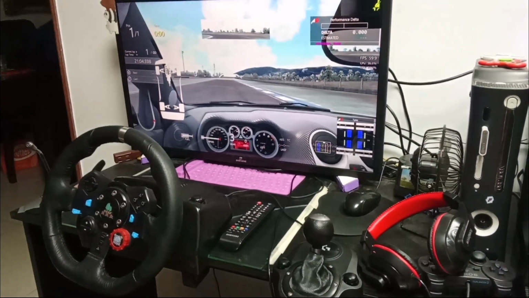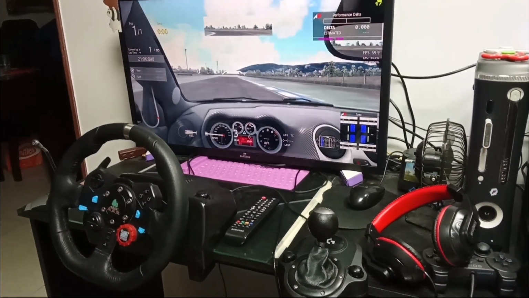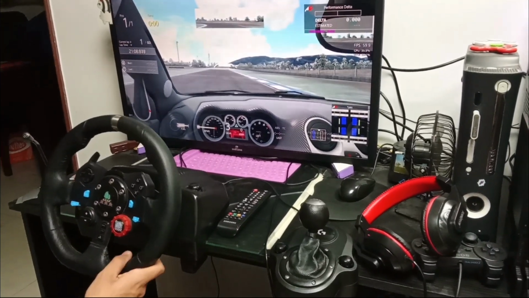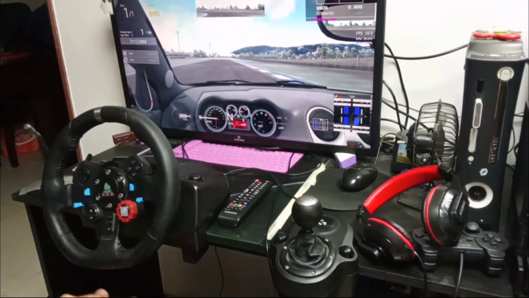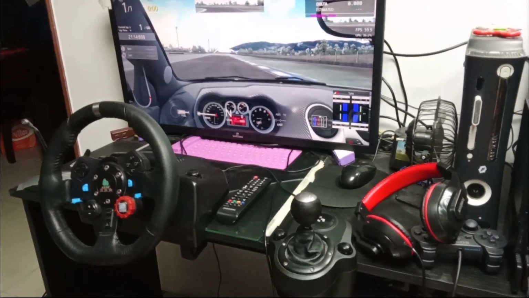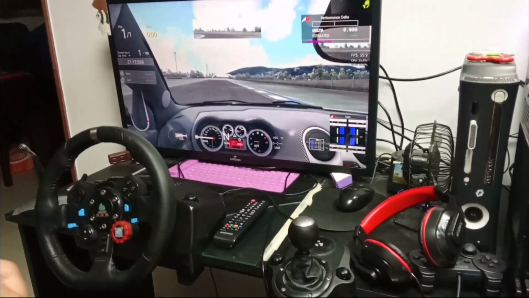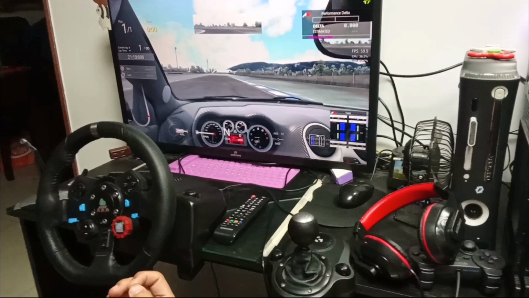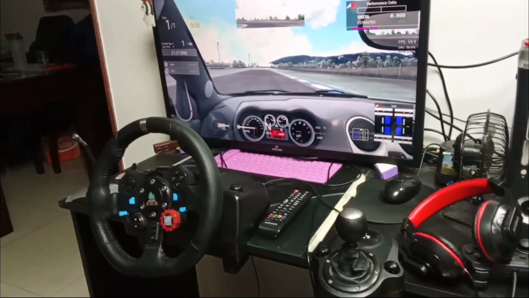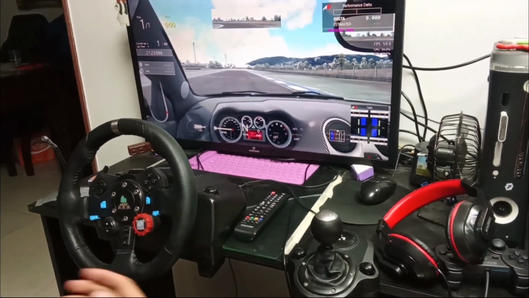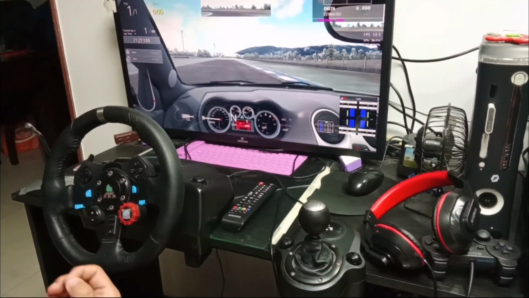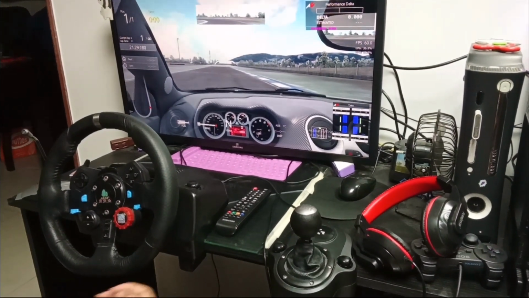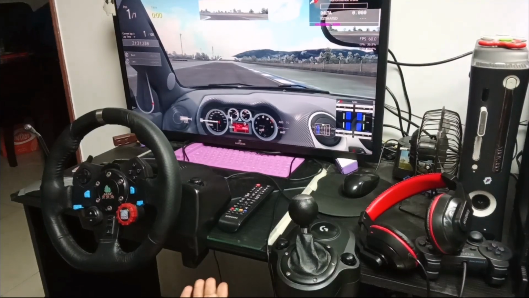You have to change the gears, as I said, before 3000 revolutions. And now, as you saw, I braked, but at the same time I was at a low speed. I pushed the clutch when I wanted to stop immediately. That's the moment when you will be pushing the clutch, when you are braking.